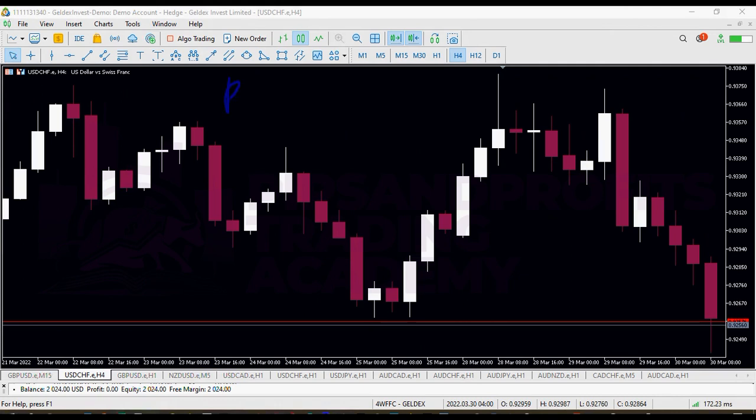Here our bullish candles are the white candles. So we want to identify them. All the white candles you are seeing are the bullish candles.